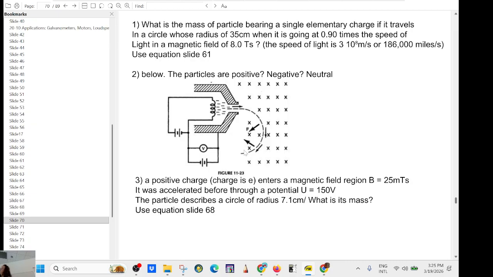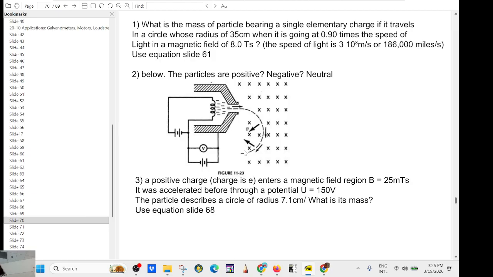If you take those two equations and play with them using just algebra, you get the equation: mass equals Q radius squared over, and you have this equation here.